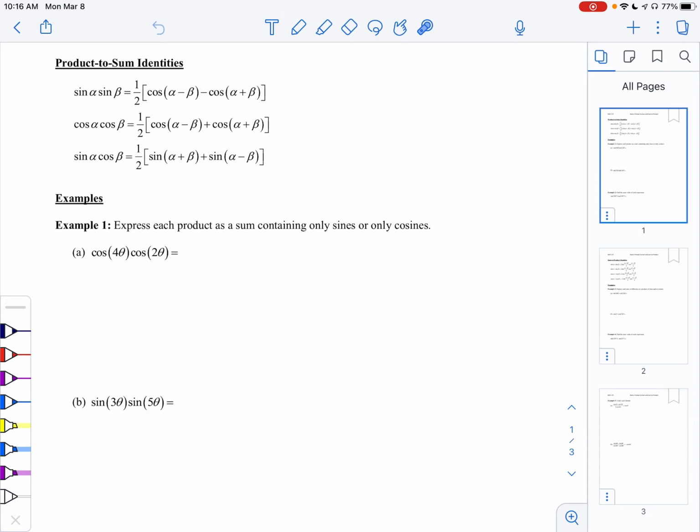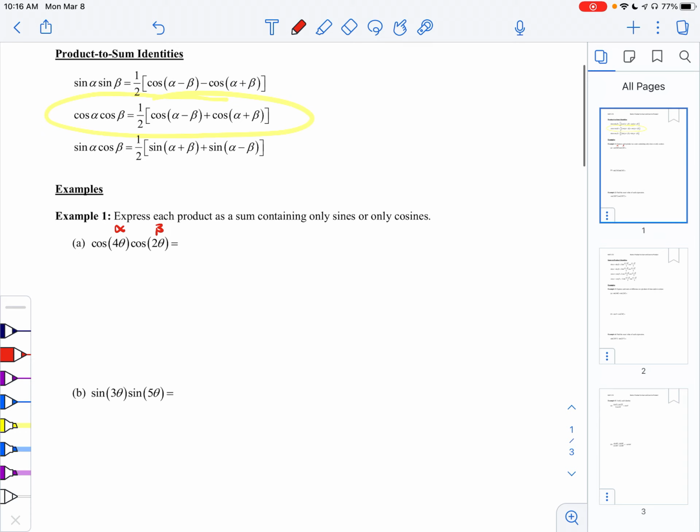So to start with, we want to express each product as a sum containing only sines or cosines. So our first example, we have cosine of 4 theta times the cosine of 2 theta. So we have a product of two cosines, which matches this middle formula right here, cosine of alpha times cosine of beta. So the first thing I'm going to do is label my angles as alpha and beta. So 4 theta is going to be alpha, 2 theta is going to be beta.